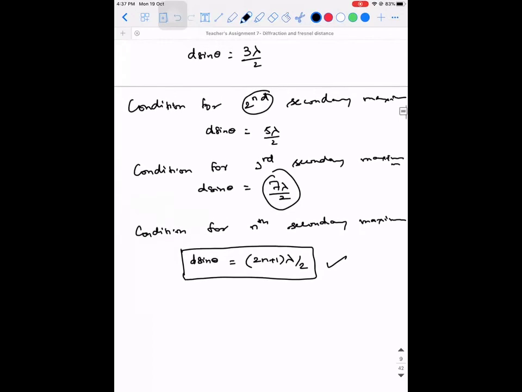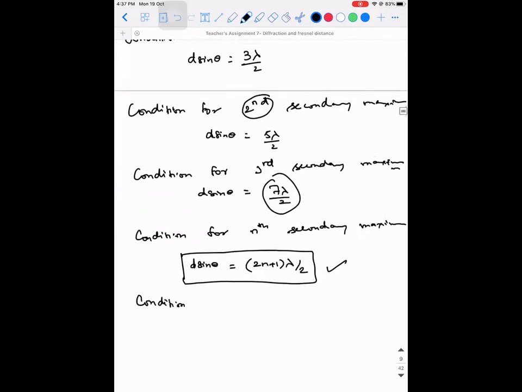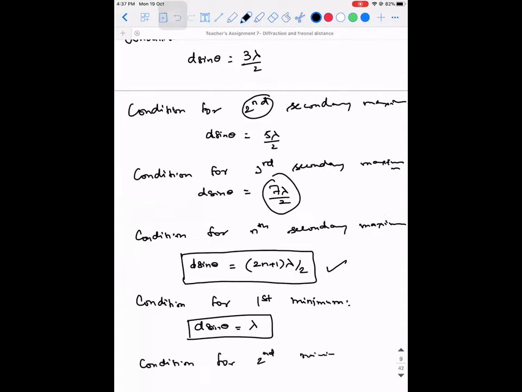In a similar way, what will be the condition for first minimum? D sine theta will be equal to lambda. Condition for second minimum, d sine theta will be equal to 2 lambda.